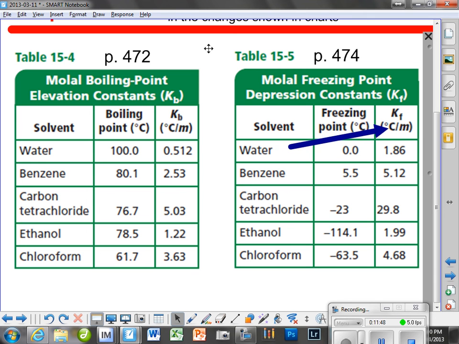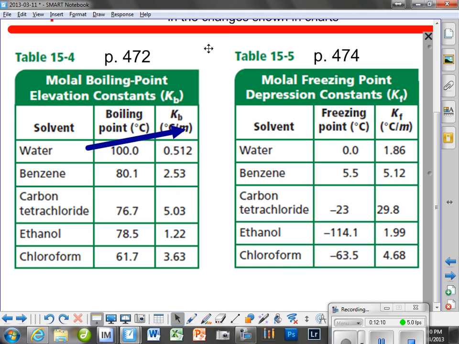Well, Chris, what are the units of measure for the freezing point and boiling point constants? Units of measure. Degrees Celsius per molality is the way you say that.